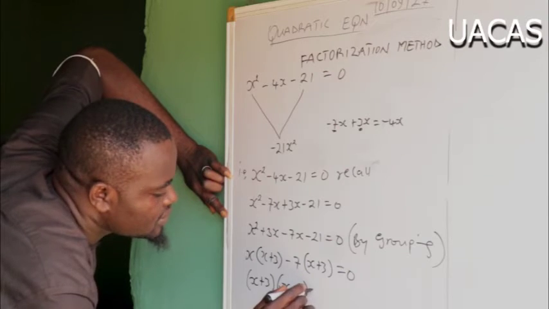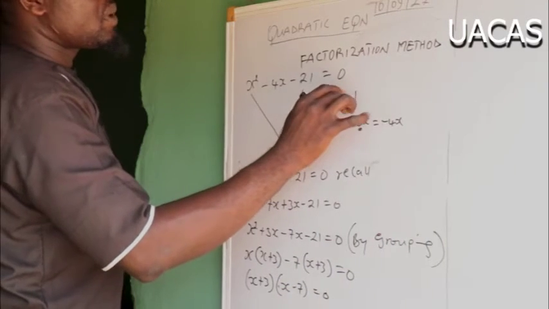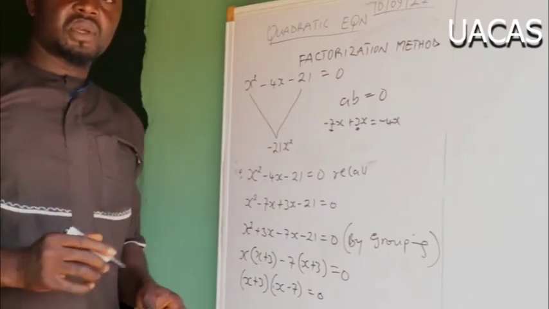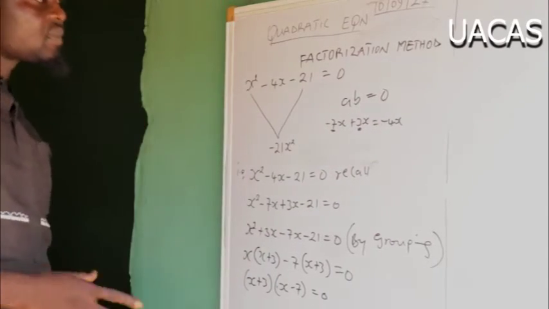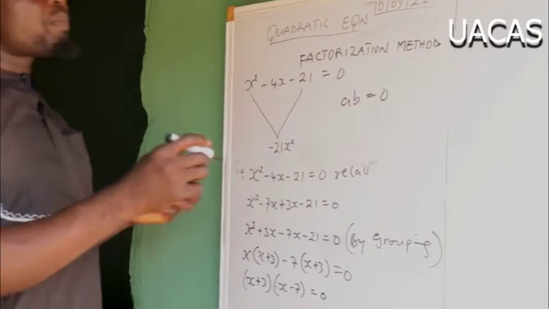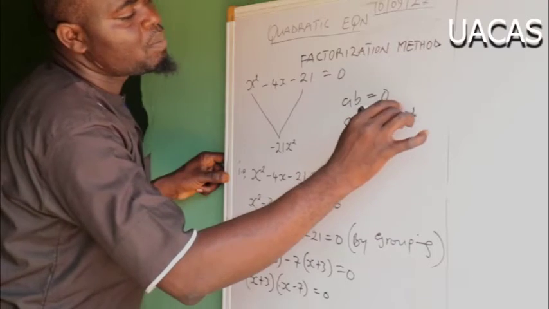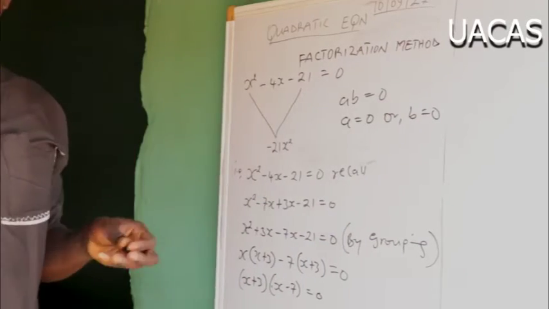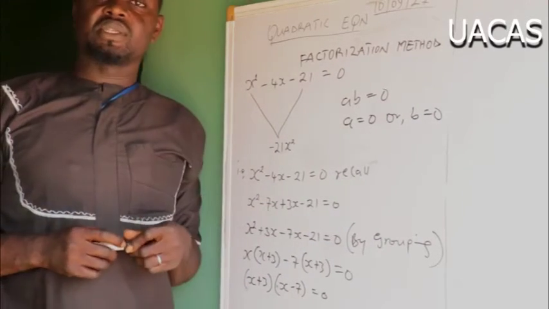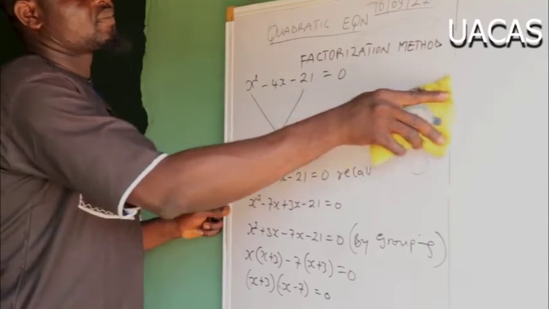equals what? Equals 0. Remember, quadratic equation is of the form AB equals 0, which means that it's either A equals 0 or B equals 0, or both are equal to 0. So please don't forget this.